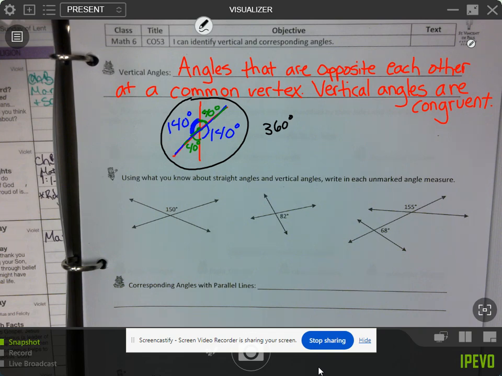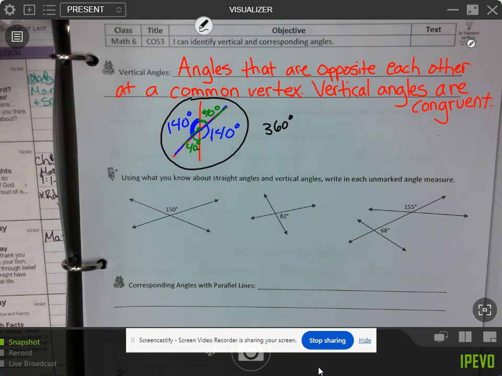So the two angles that make this straight line equal 180, and the two angles that make this side of it would be that 180 degrees. So all four numbers, you are correct, would add up to be 360. I came up with an example out of my head, and it's the exact same example that's in my book. That works out really well.